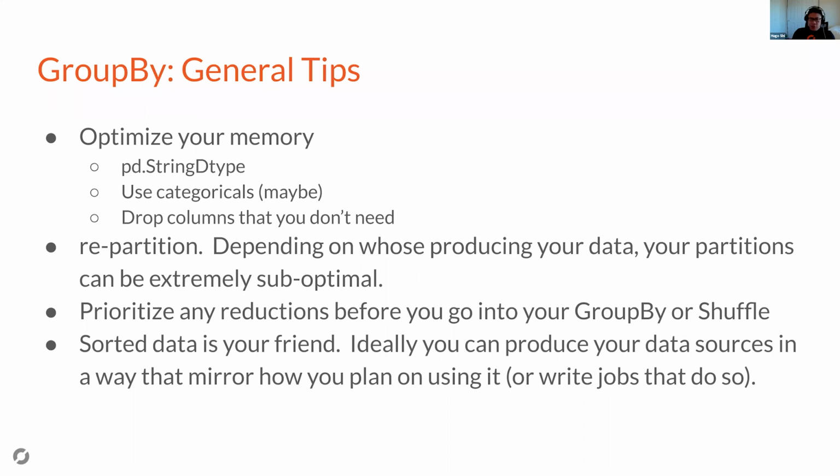It's also a good idea to use categoricals. In the slide, I say maybe, and the reason I say maybe is because that's not always true. When you think about what a categorical is, a categorical is going from a set of distinct strings, they're almost always strings, and converting that to an integer.